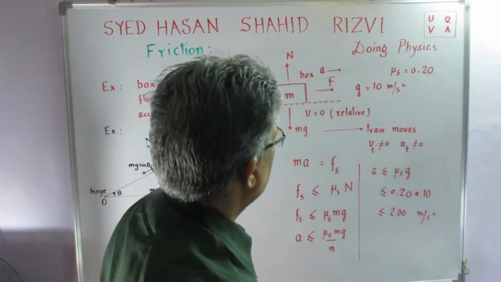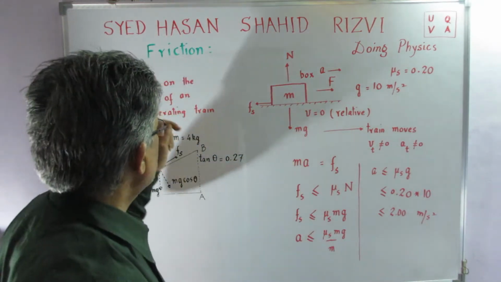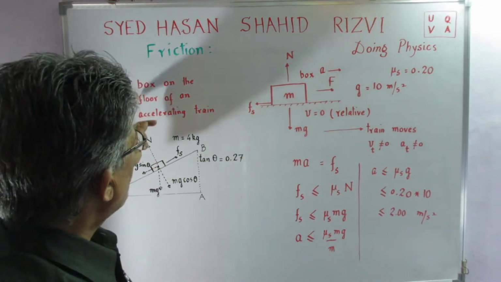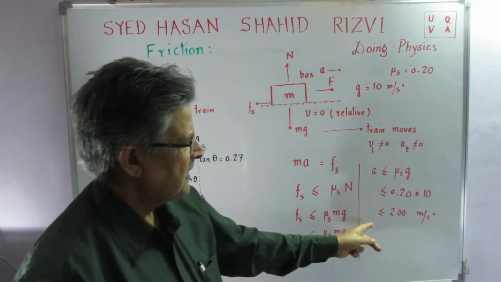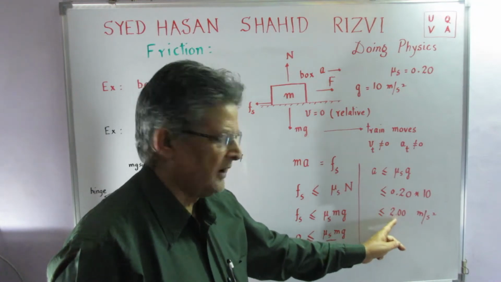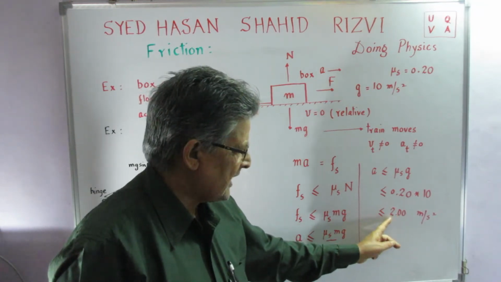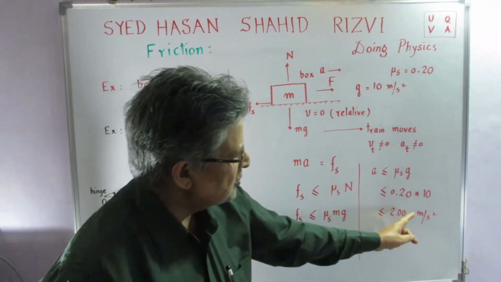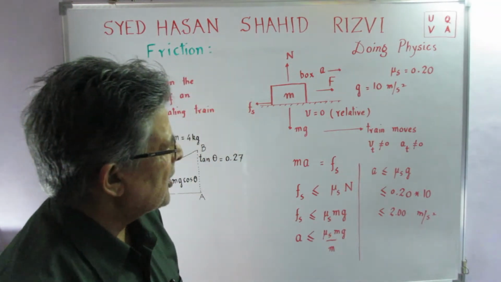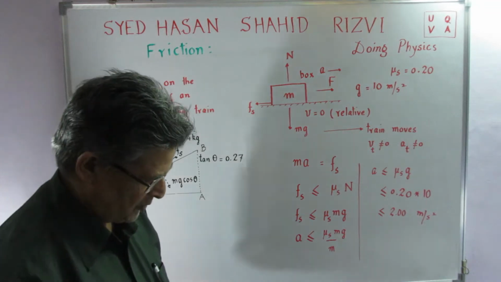So you can see that in this very simple problem of a box on the floor of an accelerating train, the box starts moving when the acceleration of the train is just 2 meter per second square.